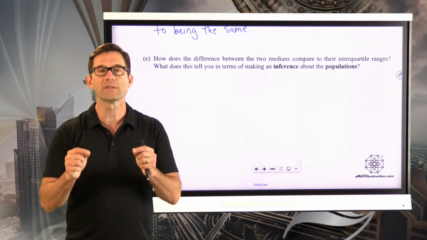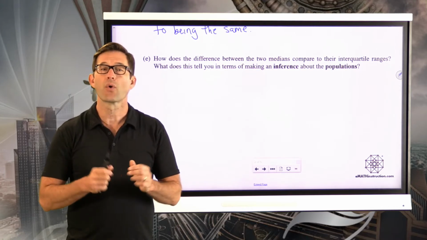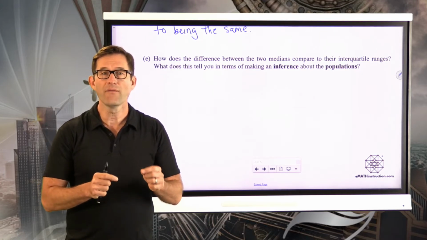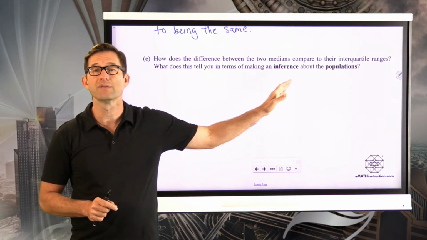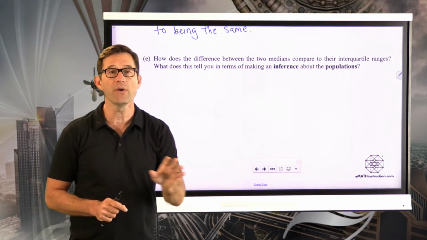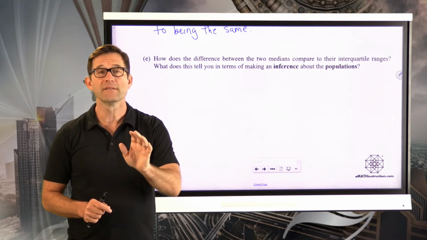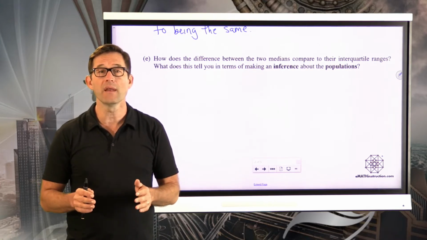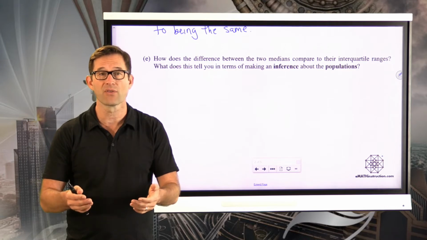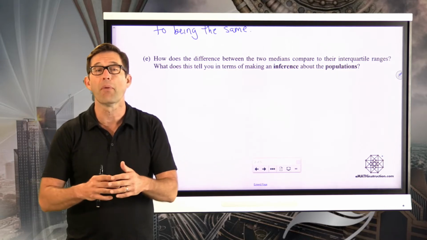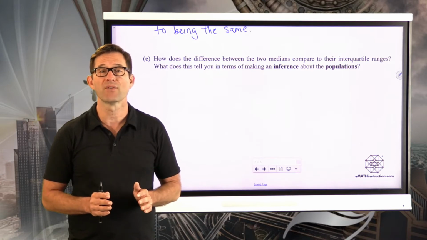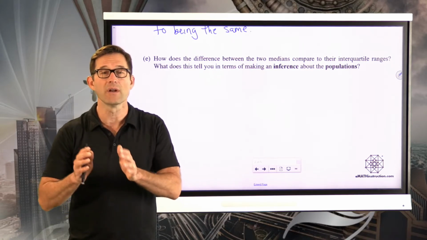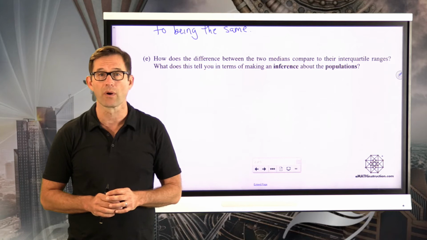But that was just for the two samples. The question is, how confident can we be in making the same inference about the populations? Would we feel comfortable now in saying that we believe that the median amount of time spent by 7th graders overall for the population of 7th graders is larger than the median amount of time spent by the population of 6th graders on their homework?